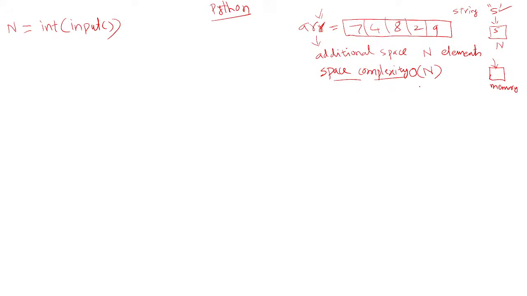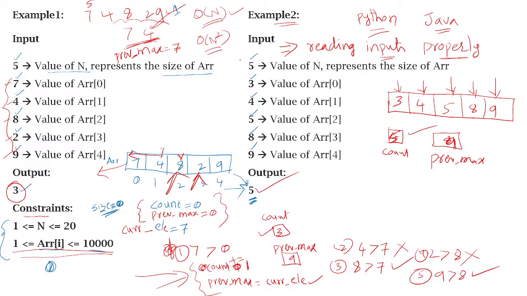It is always better to have a space complexity of order of 1, constant space complexity. The meaning is: don't use any additional space. You may ask, sir, you are using additional space for these variables, count and previous max.